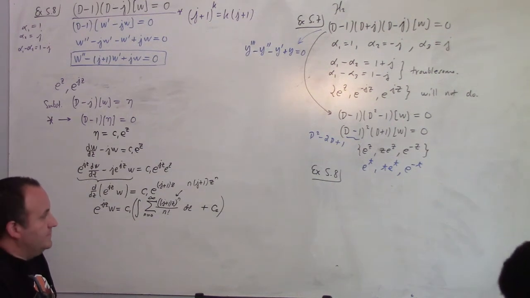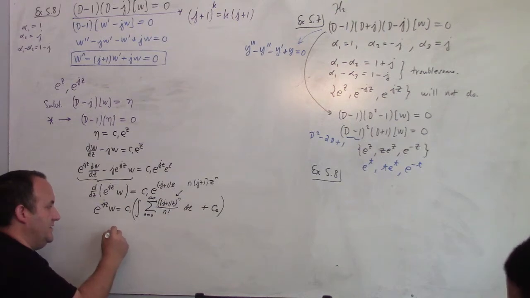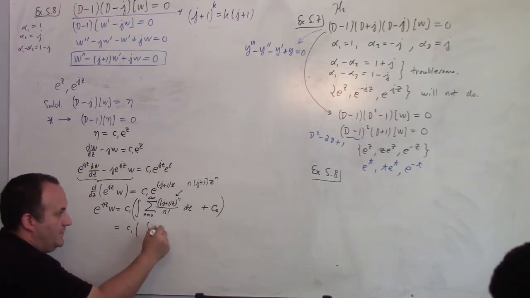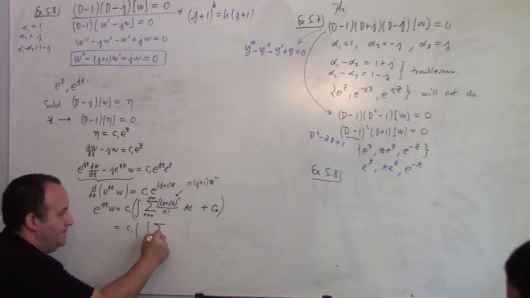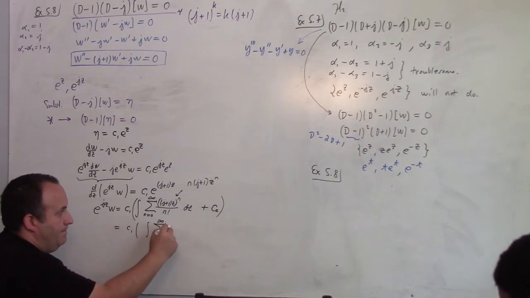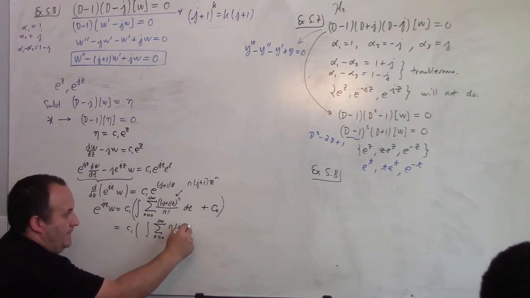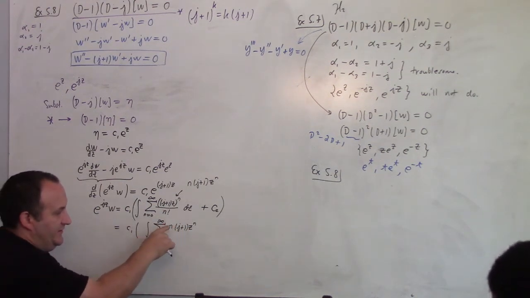And so what I've got then, let me just go ahead and say n over n factorial is what?